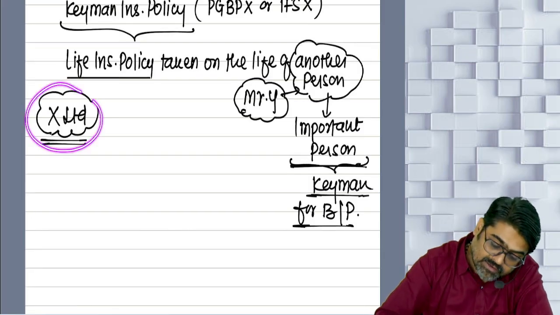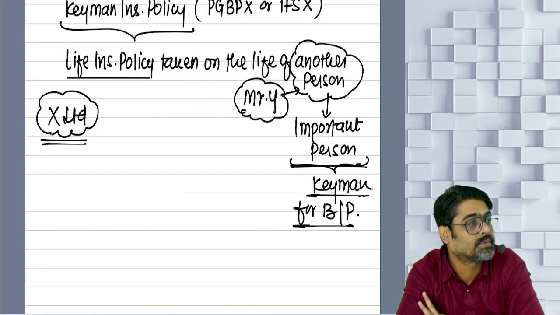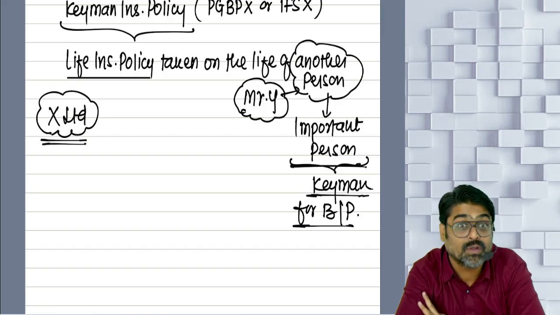So what if X Limited has assigned the policy on the name of Y, the Keyman? Now, on maturity, the amount will come to Mr. Y from the Keyman insurance policy. Now the amount will not be given to X Limited.